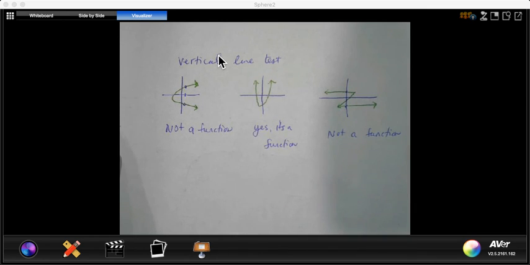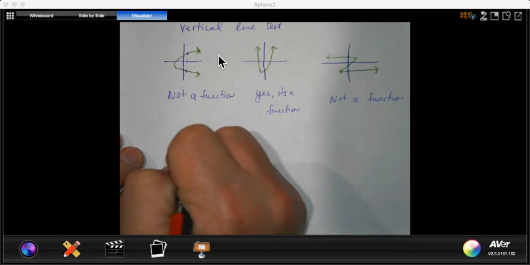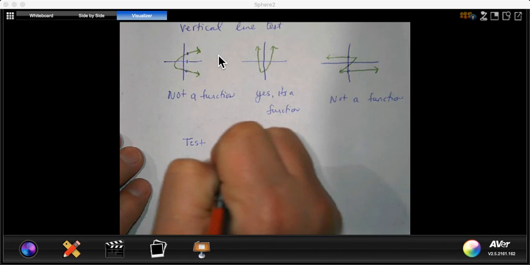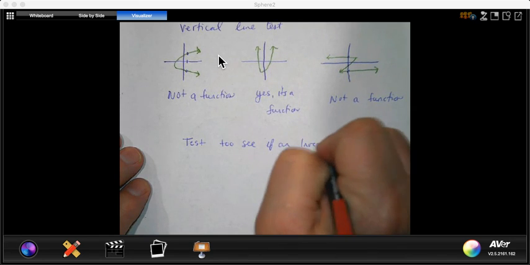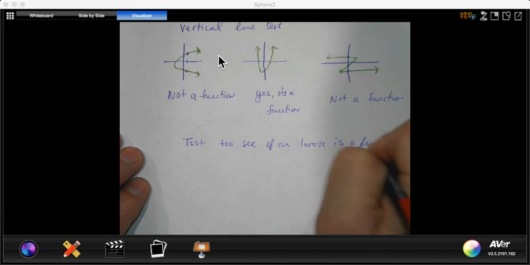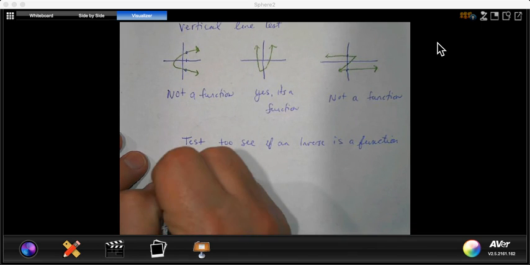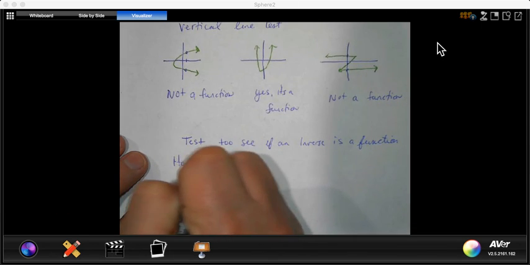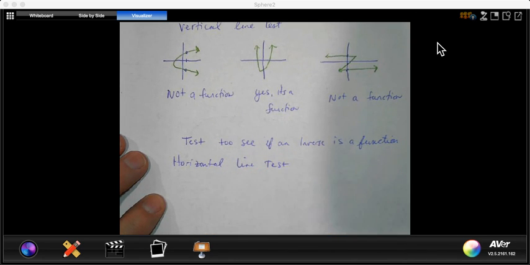So now, what are we learning new today? Okay, in order to test to see if an inverse is a function, rather than graphing all the inverses, we just switch the test. It's actually pretty slick. So we're going to do the horizontal line test. Okay. So if I do the horizontal line test, let's do the originals.